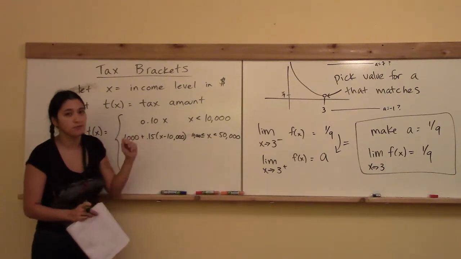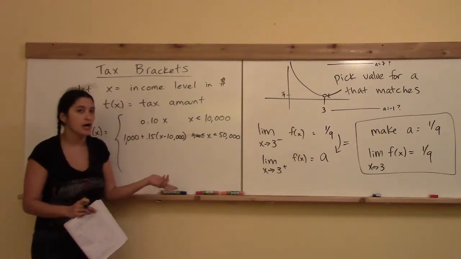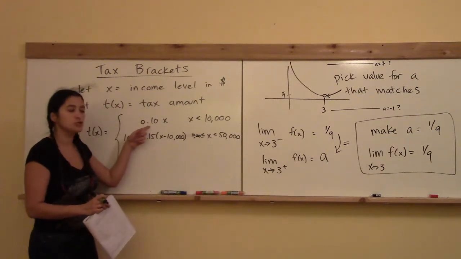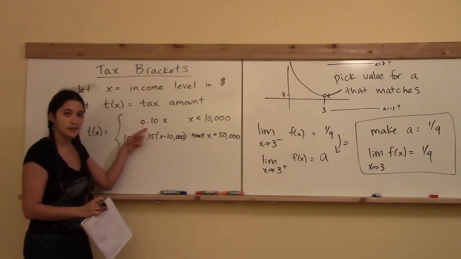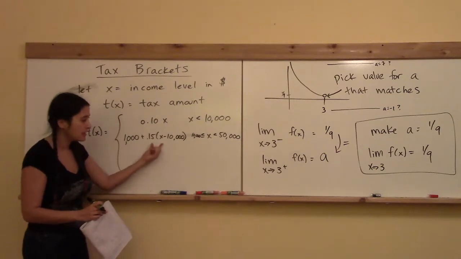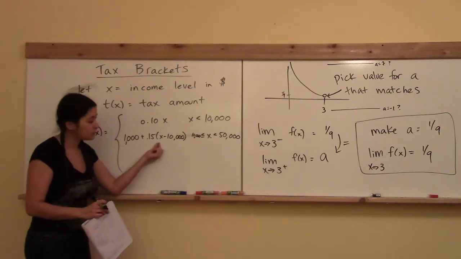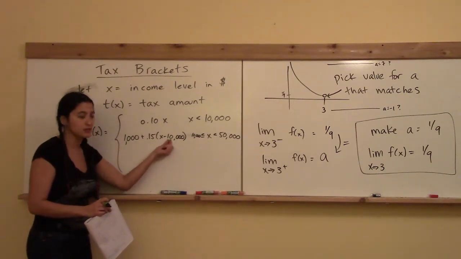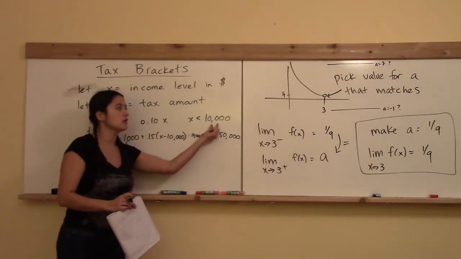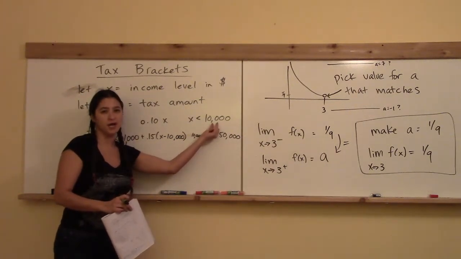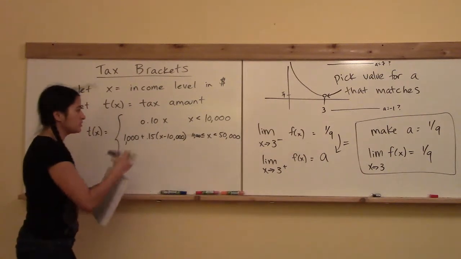Okay, so let's say I made $35,000. I'd have to pay 10% on the first 10 grand, and then on the next 25,000, I'd have to pay 15%. That's why we have x minus 10,000 here. This 10,000 matches the top end of the previous bracket. Okay, and you're going to see that pattern continue.